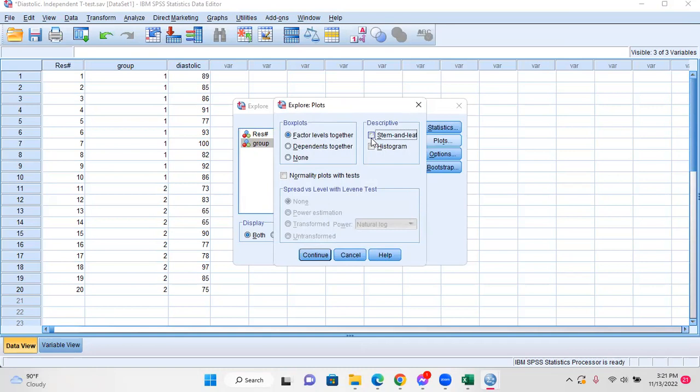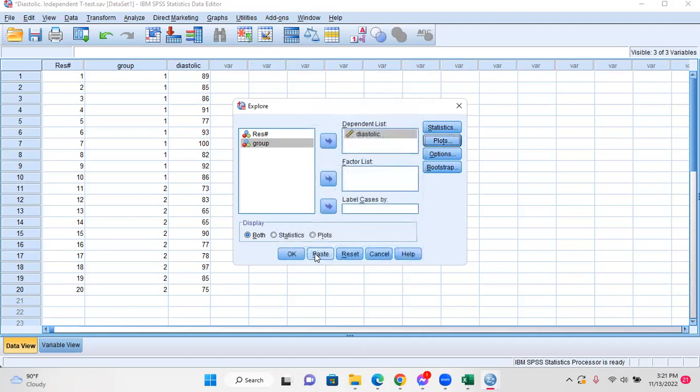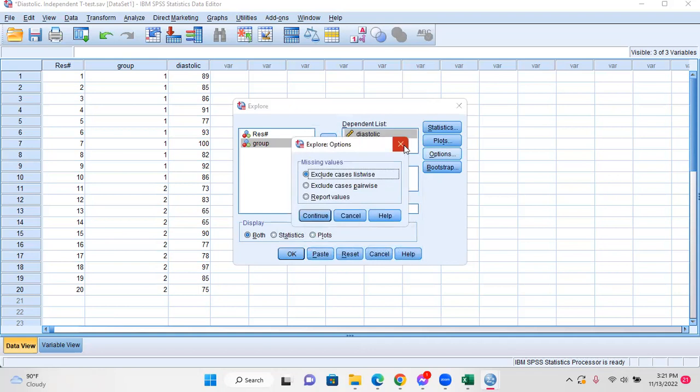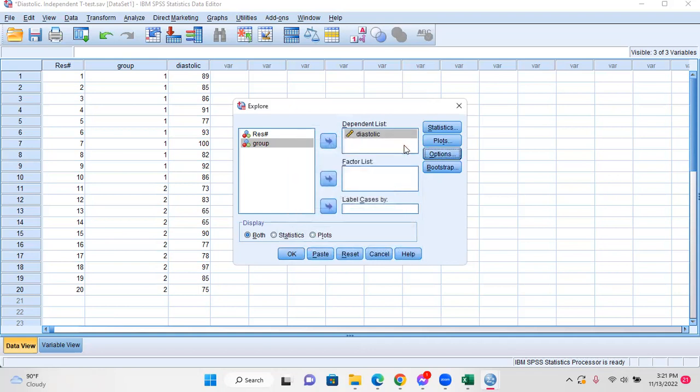Unclick stem and leaf. Click histogram. Click normality plots with test. Then continue. And then click OK.